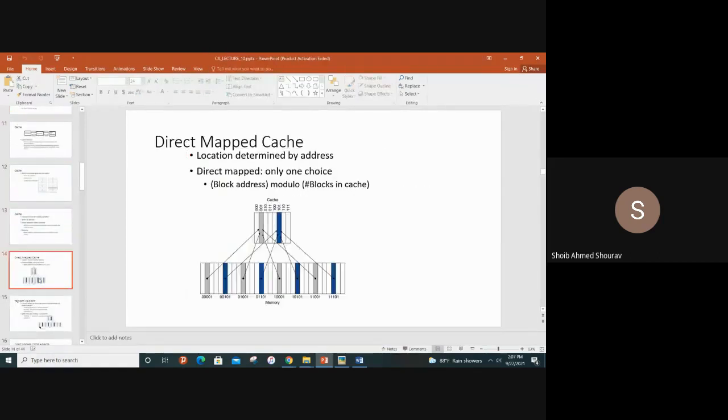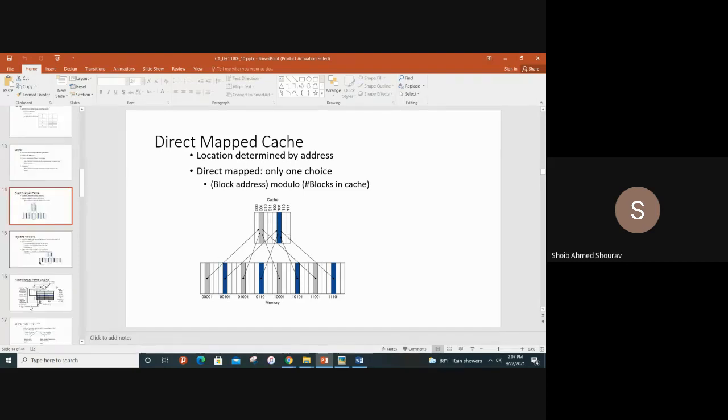Then we have seen memory organization, how using direct map caching we can cover all 32 RAM blocks within only 8 cache blocks.